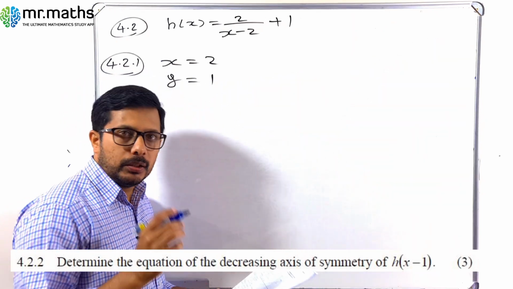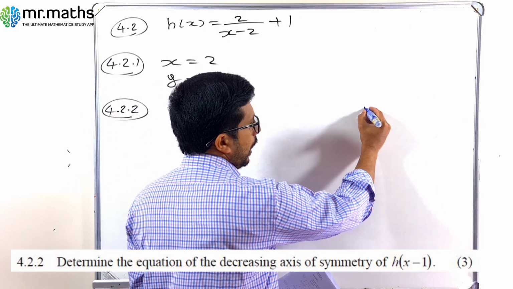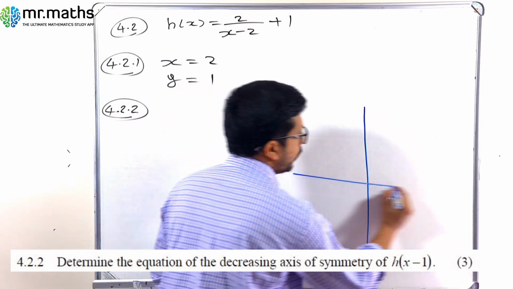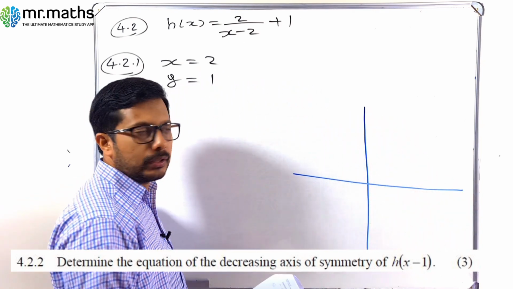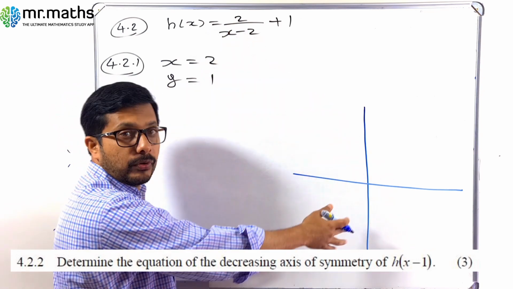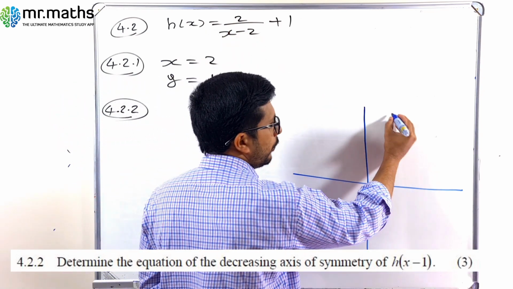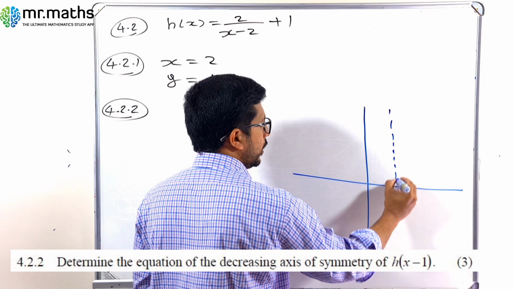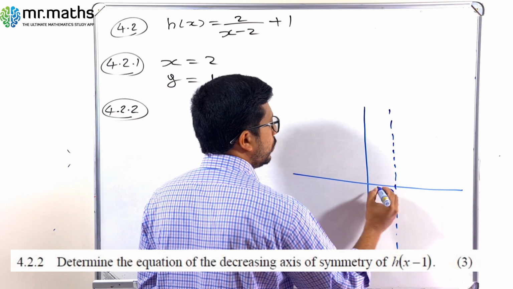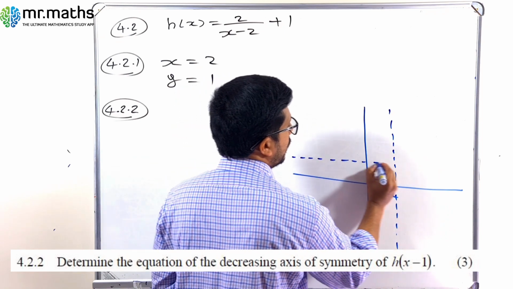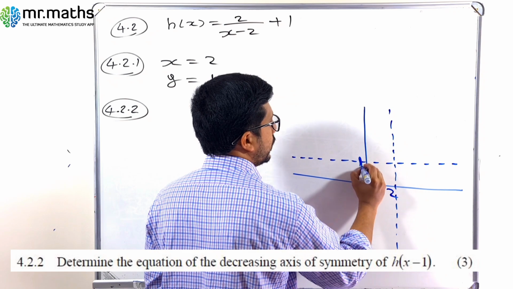Okay, so you know that for a hyperbolic graph, I'm just drawing a rough graph. This is not the graph of this function, I'm just drawing a hyperbolic graph here. Assume that this is 2 and the horizontal asymptote is 1.